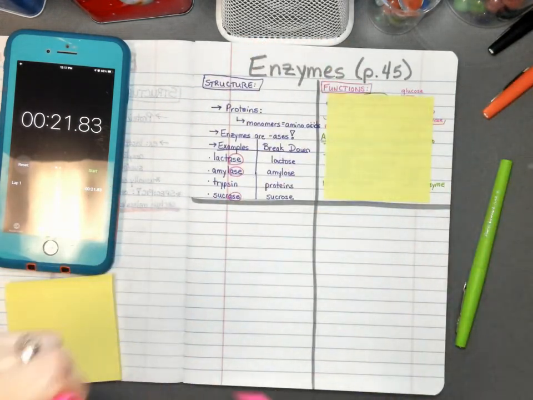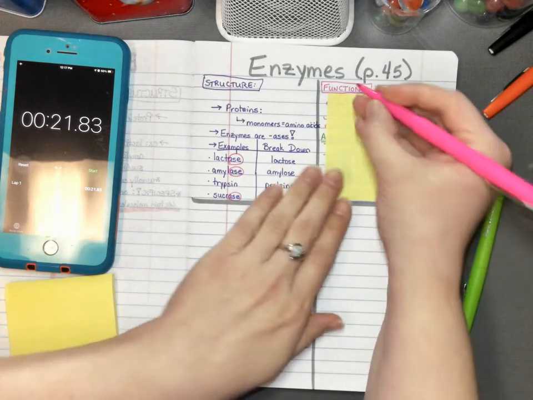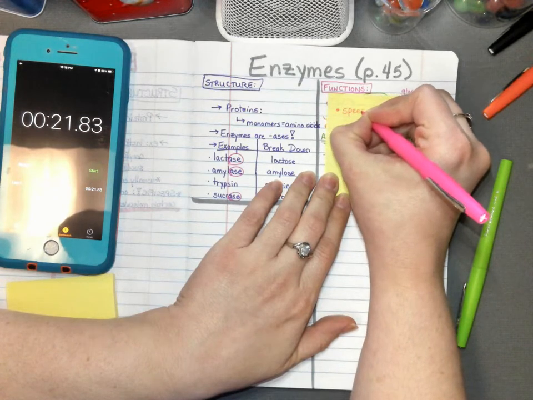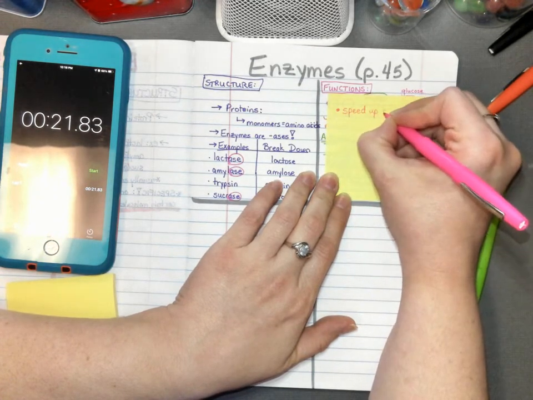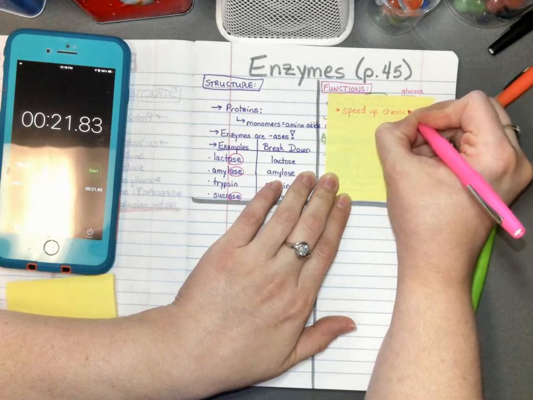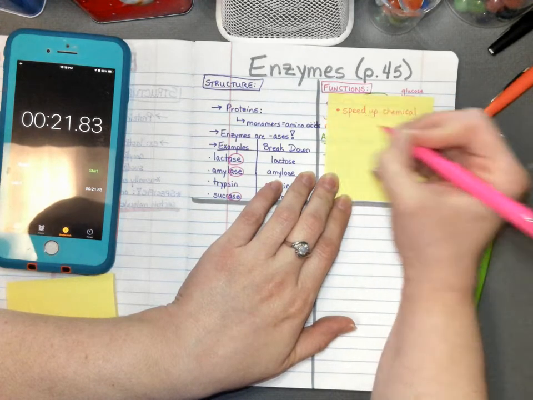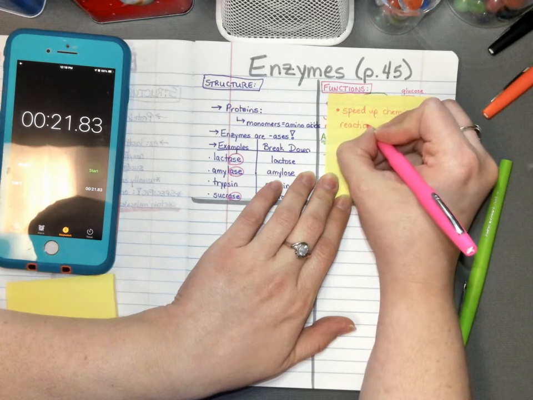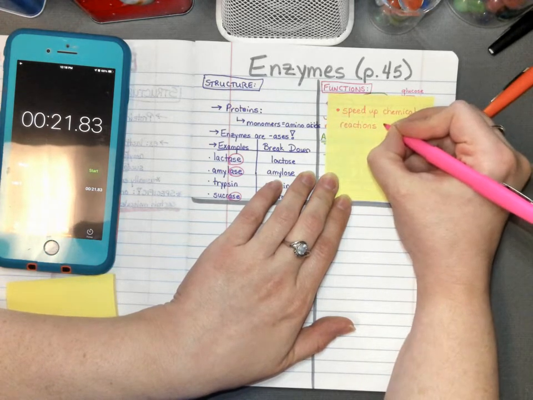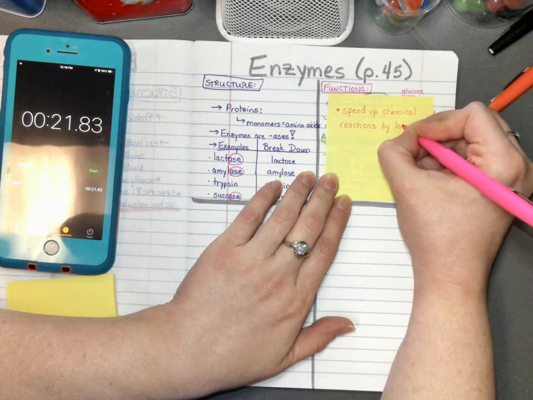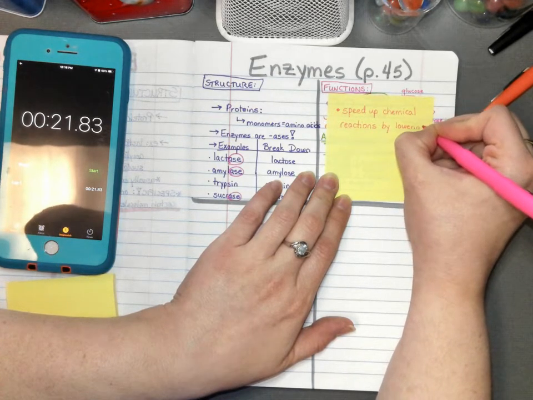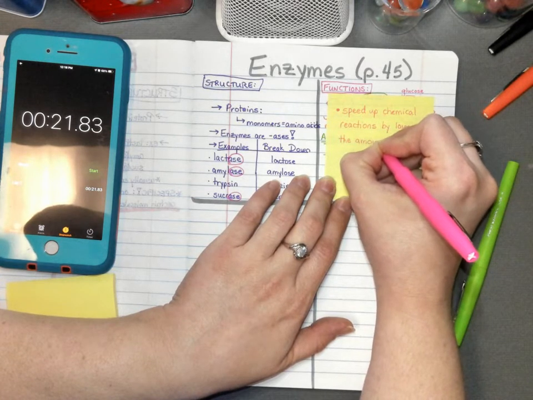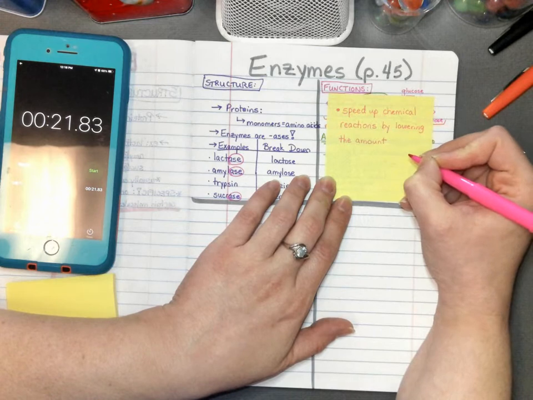All right, so the function of an enzyme is to speed up a chemical reaction, and it does this by lowering the amount of activation energy needed to start the reaction.